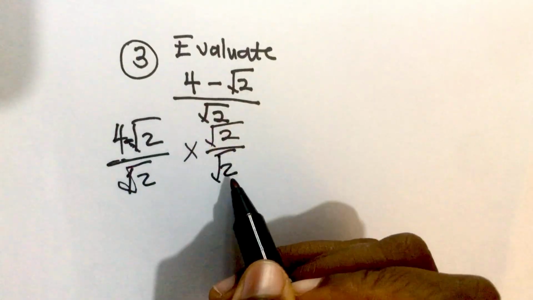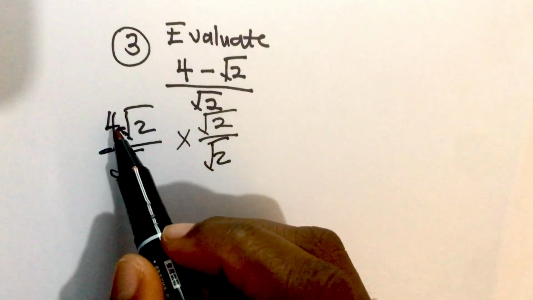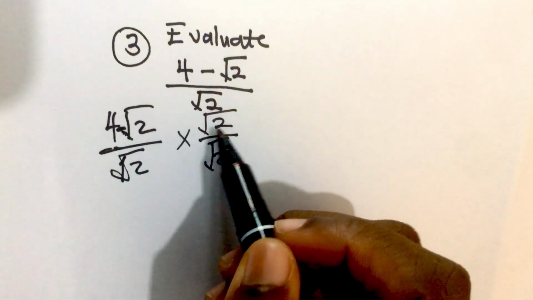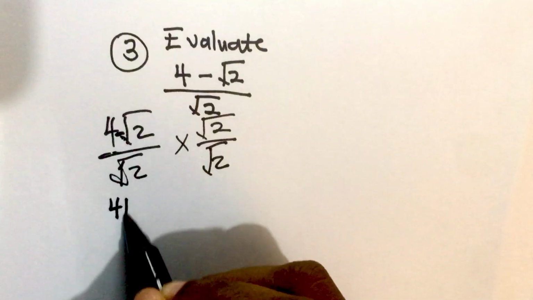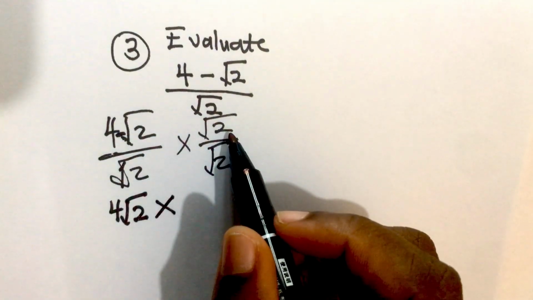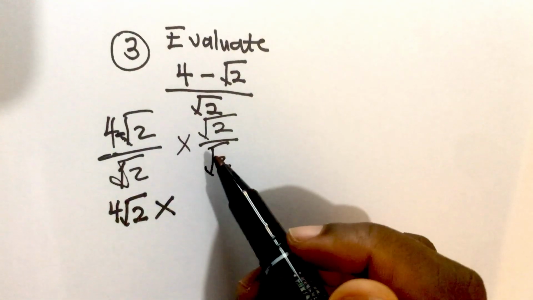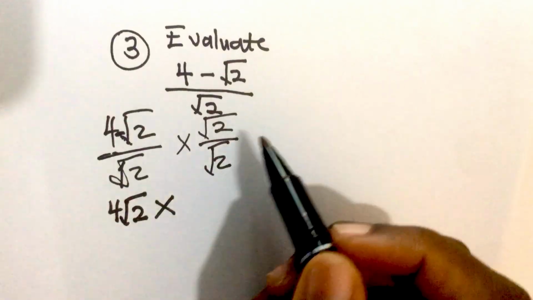So let's do our multiplication. 4 times the square root of 2 will be 4 root 2 times 2. The square root of 2 times the square root of 2 will give us what?